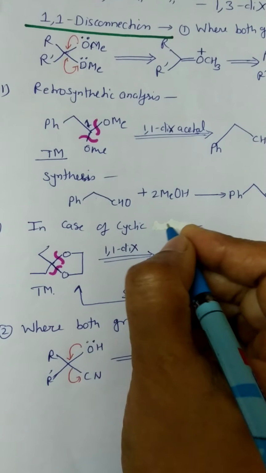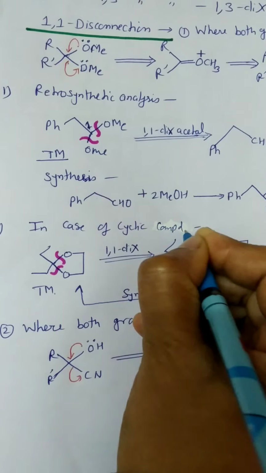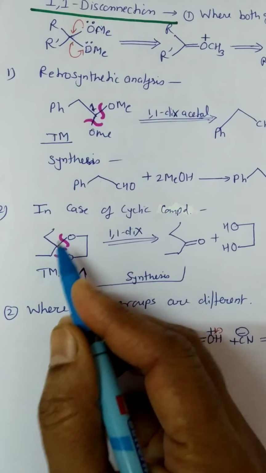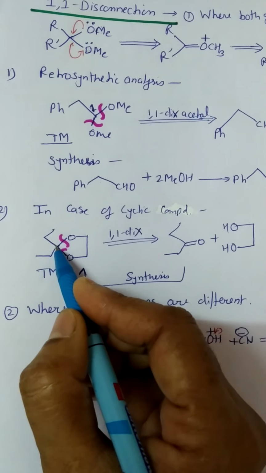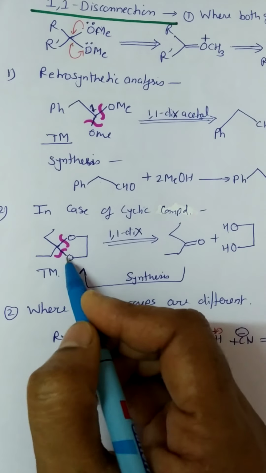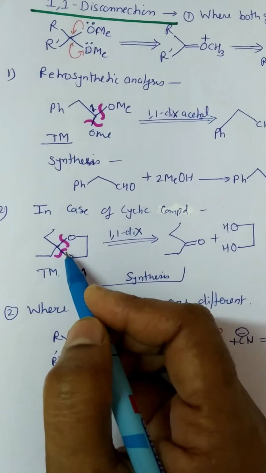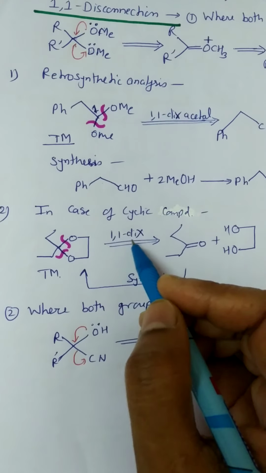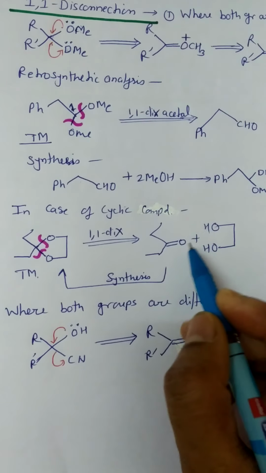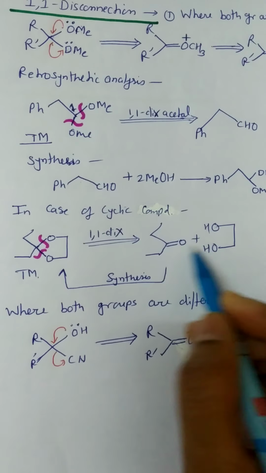In case of a cyclic compound, here this is the cyclic compound. Here this carbon atom contains two functional groups, therefore 1-1 diex is possible here, and after disconnection two compounds are obtained of this type.